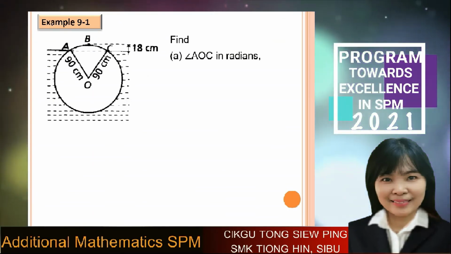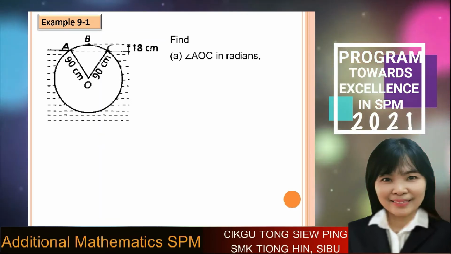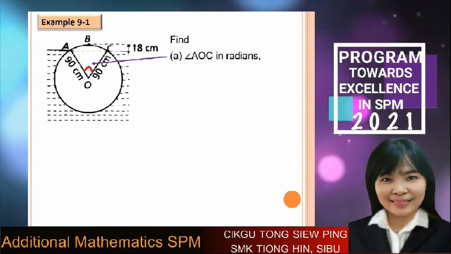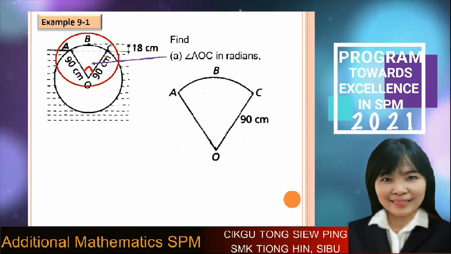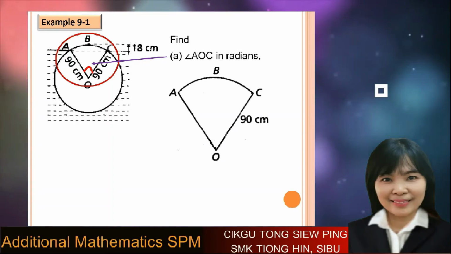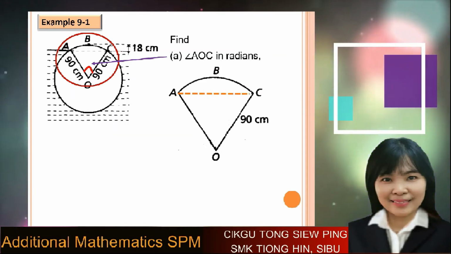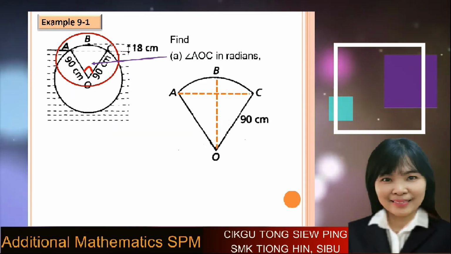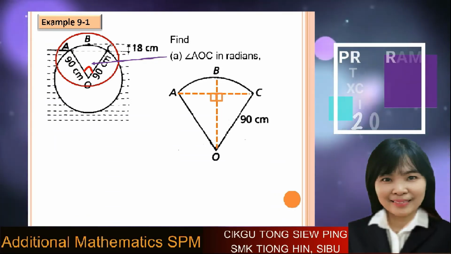Now we solve part A to find the angle AOC. That is this angle. I enlarge this part for you to have a better look. I draw a straight line through AC, another straight line to BO, and notice that now I have formed two right angle triangles.